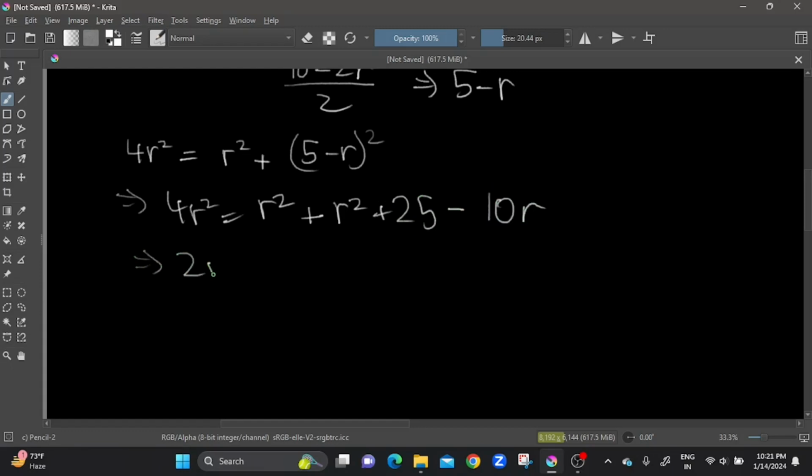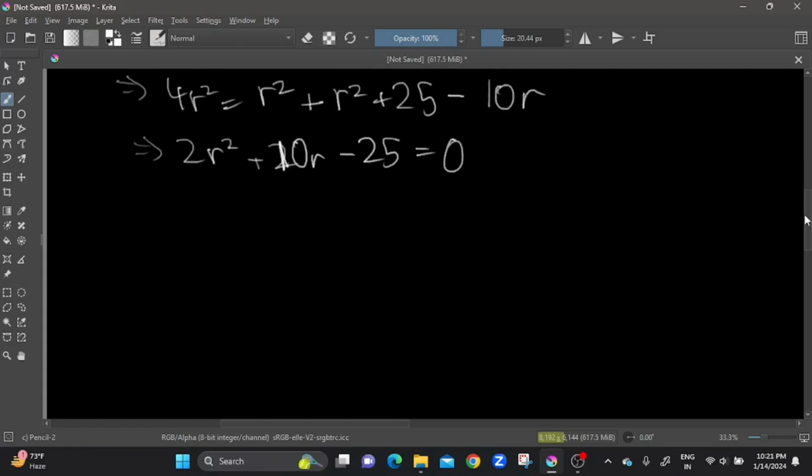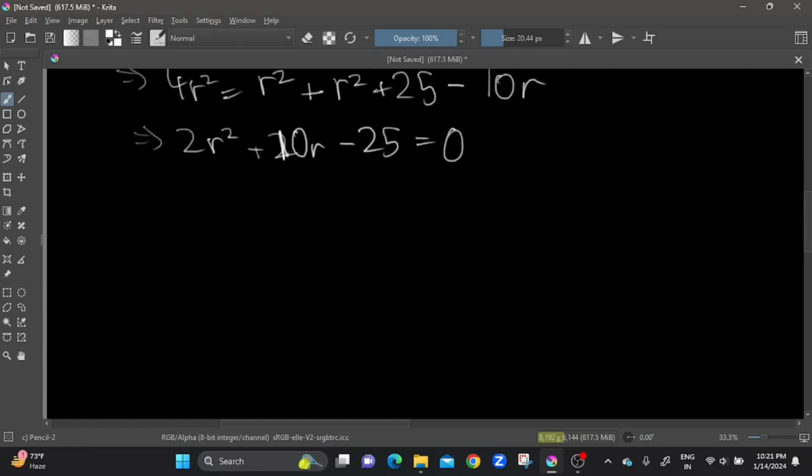So we're going to get 2r squared, actually better to write plus 10r minus 25, is equal to 0.